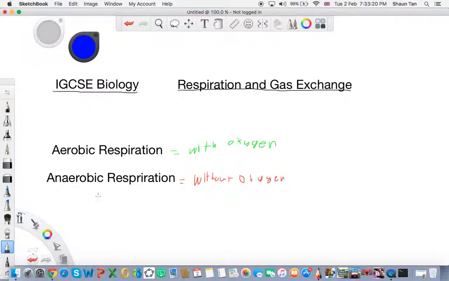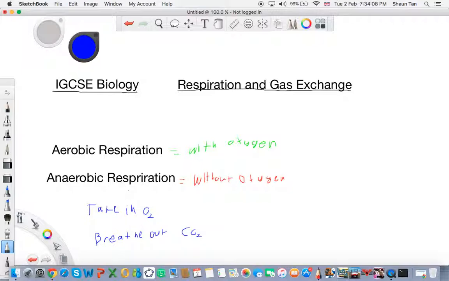Now, the thing to remember about gas exchange is that you breathe in oxygen, O2 for short, and then you breathe out CO2, which is carbon dioxide.